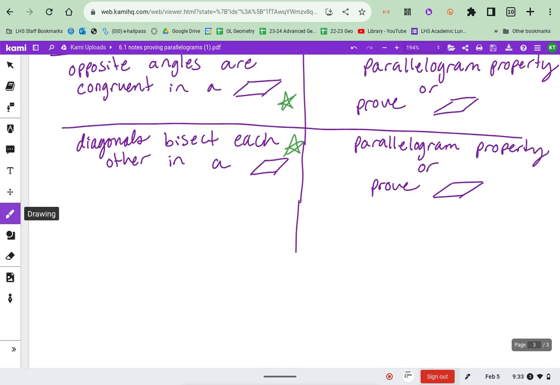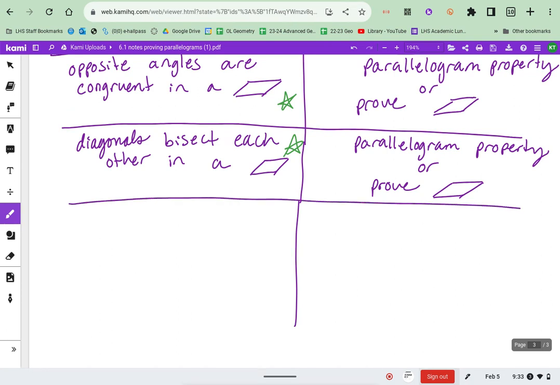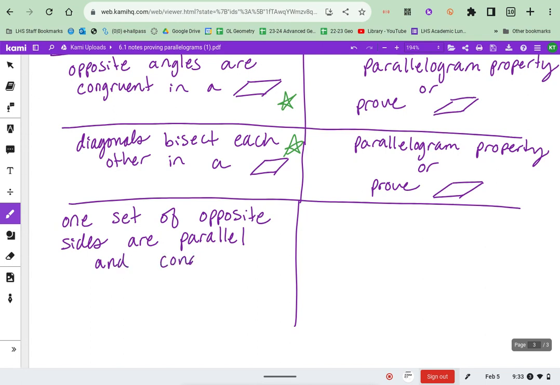All right, so next one, we're going to do the one set of opposite sides are parallel and congruent, because that was our fifth way to prove you have a parallelogram. So we'll do one set of opposite sides are parallel and congruent.